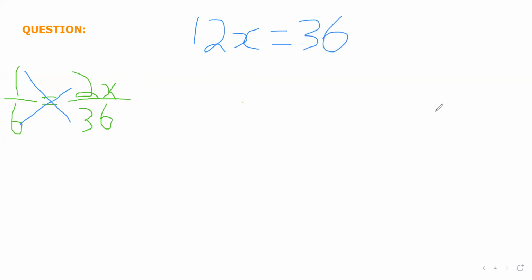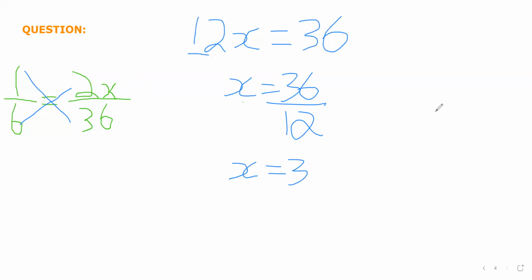It doesn't matter which side you put each diagonal on, just remember that. Now we solve for x: multiplication becomes division when it goes across. So x will equal 36 divided by 12, and therefore x will equal 3.